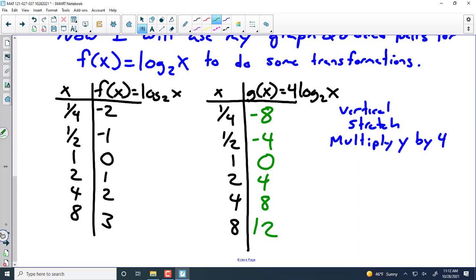We don't do a lot of transformations with these logarithmic functions, but we do enough of them, so I do need to make sure that you've seen this before. All right, everyone understand that we can put a 4 out in front and multiply everything by 4 in the y column? We've done that before with different functions, but of course it's trickier when you're doing it with logarithms because they're brand new.